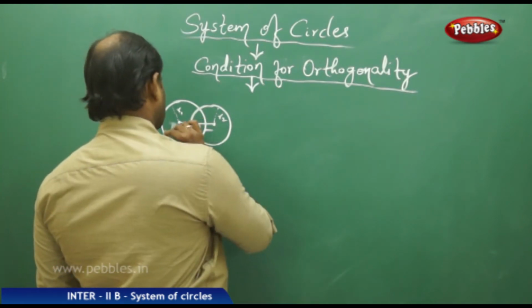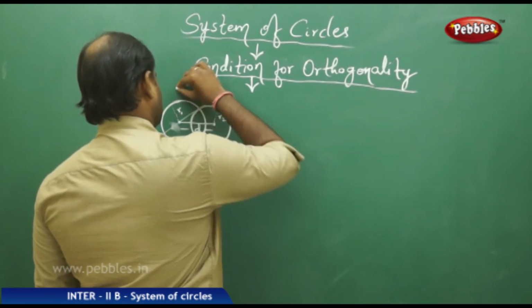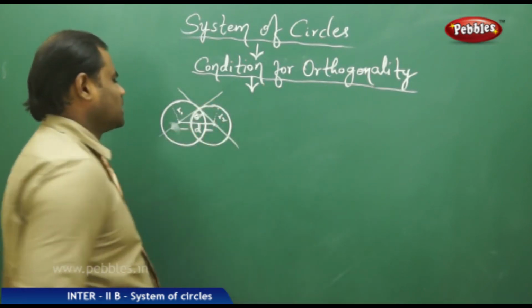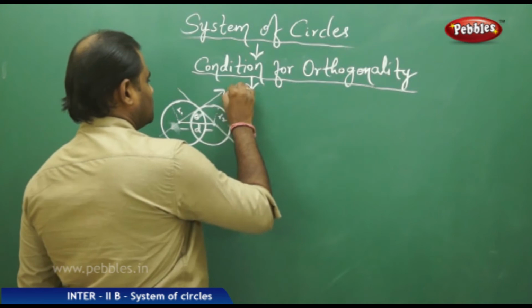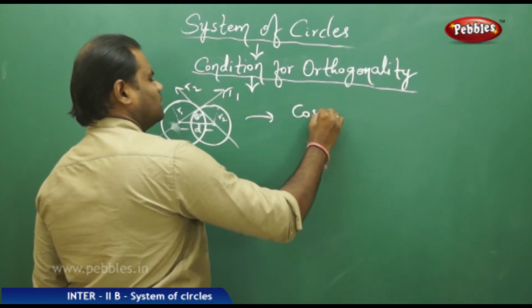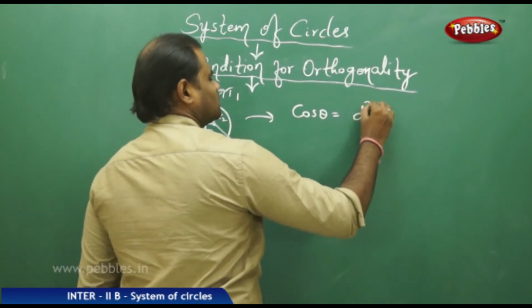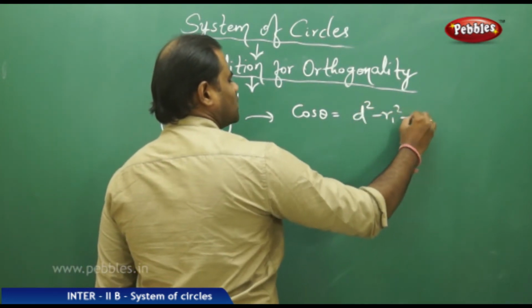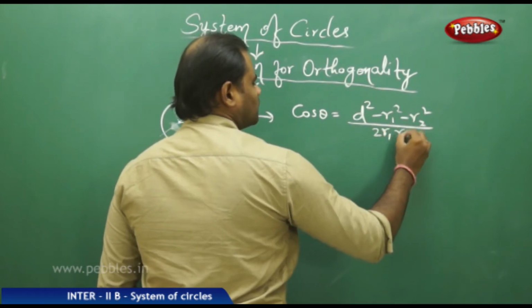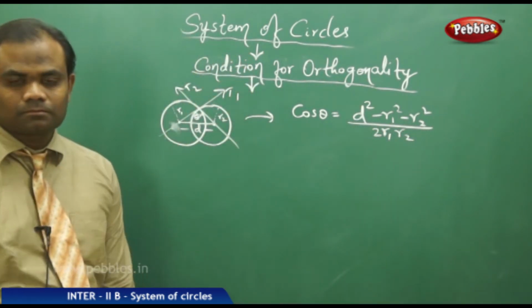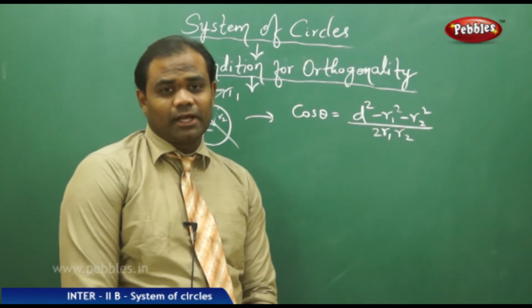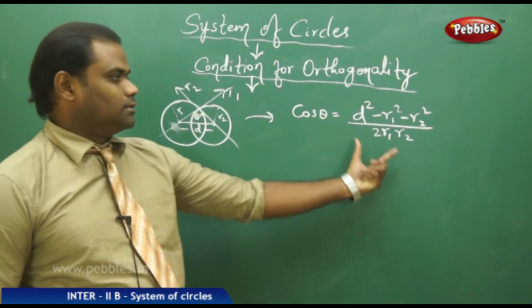Then we have seen that the angle between the two circles, theta, is given by cos theta equals d square minus r1 square minus r2 square over 2r1 r2. This is the formula we already discussed for finding the angle between two circles.